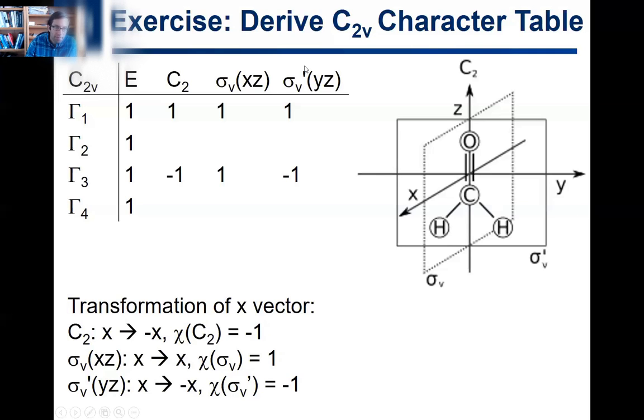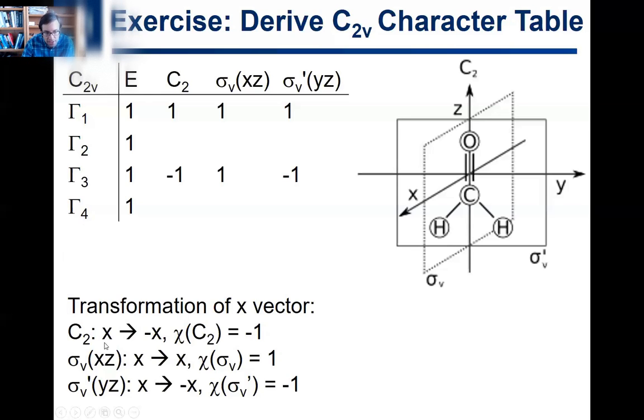We're just testing a mathematical function and seeing if we can get out an irreducible representation from it. A lot of times you can. Sometimes you won't. You'll get something more complicated, a combination of irreducible representations. But a lot of times you'll get something simple. So let's try it with x.